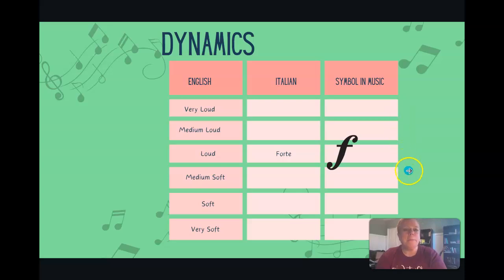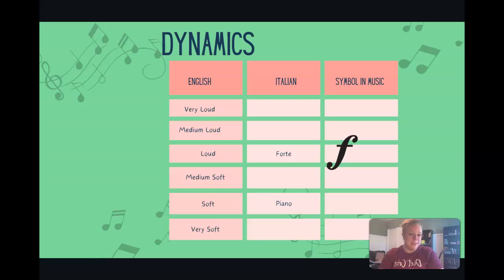Okay, the other major division other than loud is soft, and that is piano. Now, piano, you may think, well, that's the instrument. No, the instrument is either the pianoforte or the forte piano, depending on who you talk to, but that is its complete name. It's an instrument that could play both loud and soft and change from loud to soft really quickly.